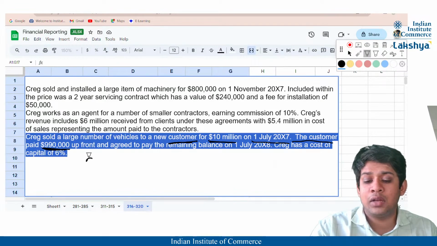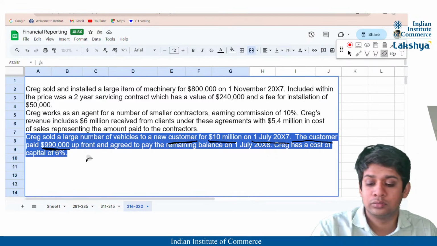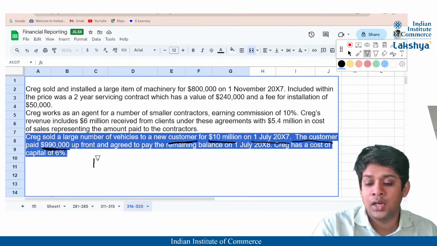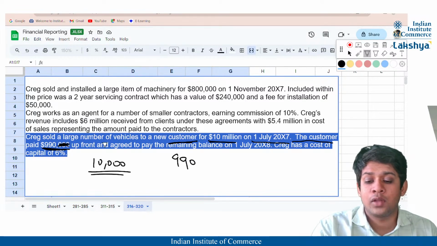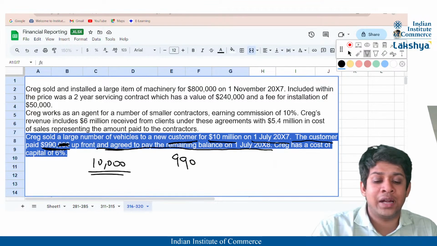Okay, that means 10 million is the total value, or you can say 10,000 is the total amount to be paid. The customer paid 990,000, or eliminate the three zeros, 990 he paid upfront. Okay, and he agreed to pay the remaining balance by 1st July 2018, that is by the next year.